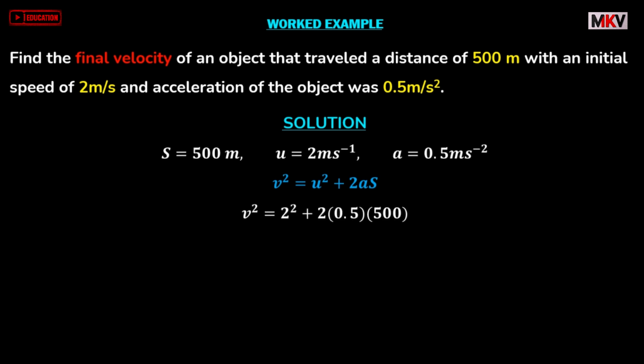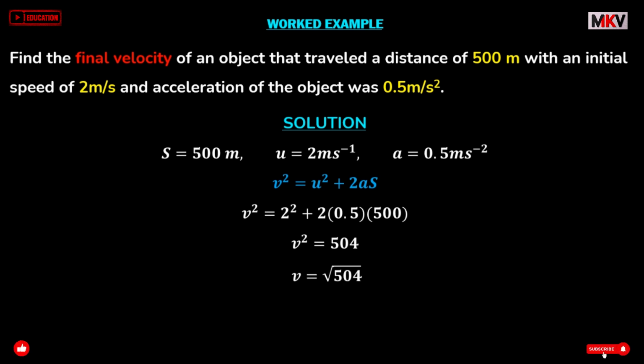So we therefore do our necessary substitutions. We have our U, which is 2. We have our acceleration, which is 0.5. Then we have our distance, which is 500 meters. So after the substitution, we're having V squared equal to 504. But we want V. So therefore, we take the square root of both sides.